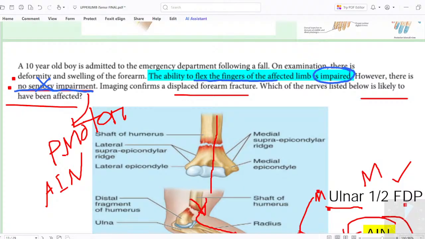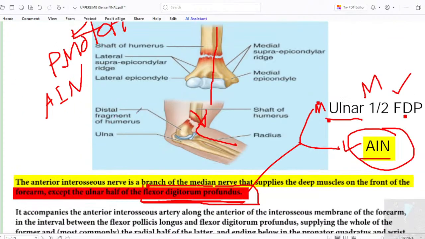We know flexion is done by the median nerve, and they are specifically saying no sensory impairment. So the median nerve has a pure motor branch, the anterior interosseous. The anterior interosseous nerve is a branch of the median nerve that supplies the deep muscles on the front of the forearm, except the ulnar half of the FDP.